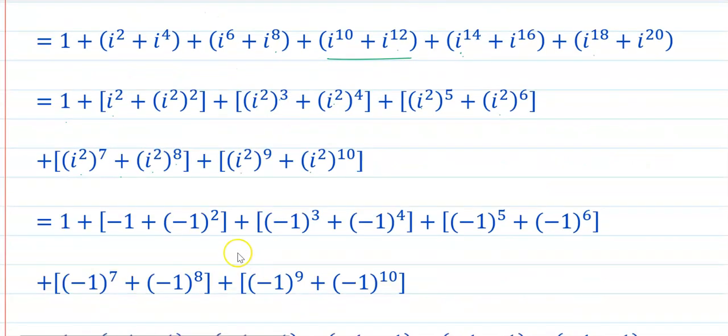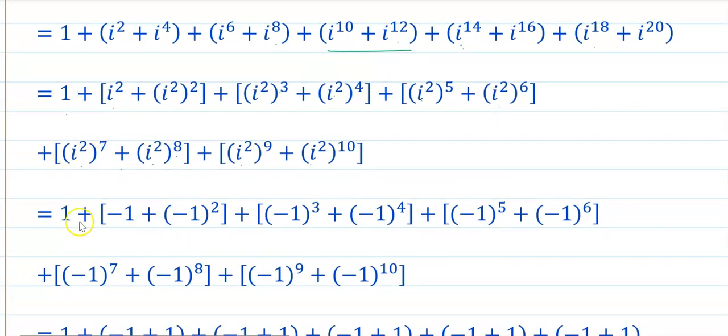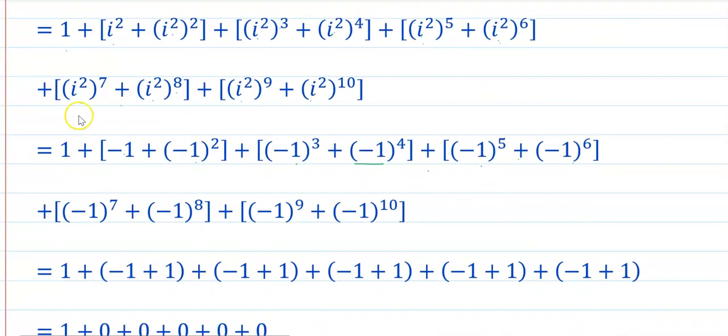In this way. Okay. Now first, 1 as it is. i square means what? Minus 1. Again, minus 1 bracket square, minus 1 bracket square, minus 1 bracket raised to 3 plus minus 1 bracket raised to 4 plus minus 1 bracket raised to 5 plus minus 1 bracket raised to 6. What about here? Minus 1 bracket raised to 7 plus minus 1 bracket raised to 8, minus 1 bracket raised to 9, minus 1 bracket raised to 10.